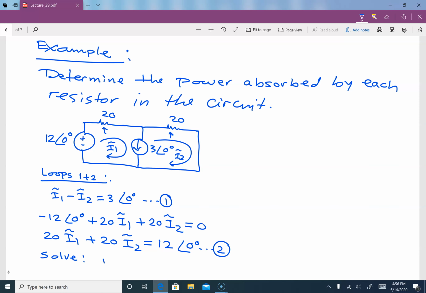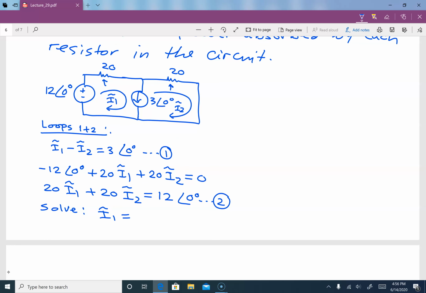We are going to get I1 is equal to 1.8 ampere, and I2 came out to be negative 1.2 ampere.